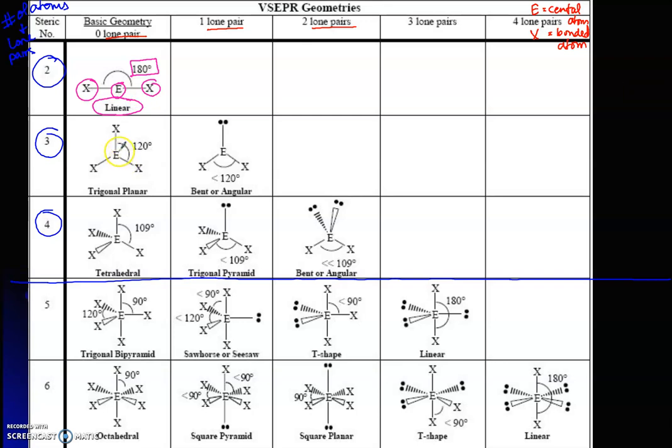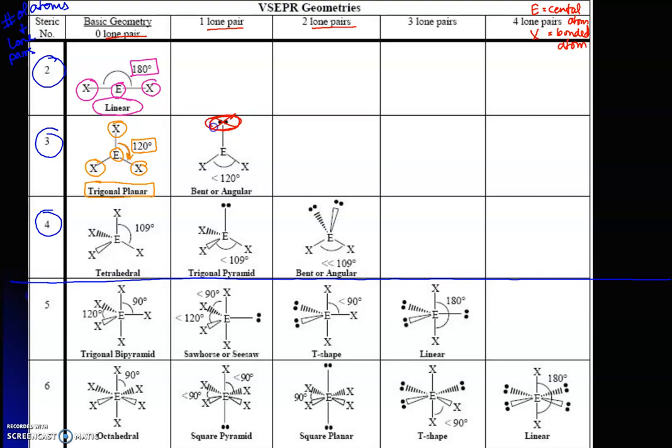3 things around a central atom, that's going to be a maximum 120 degree angle. And it would be called trigonal planar, where all 4 of these things are in the same plane. If one of them is a lone pair, it takes out one of the available things for bonding.